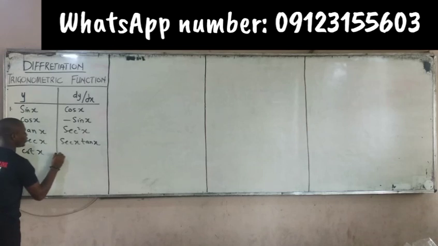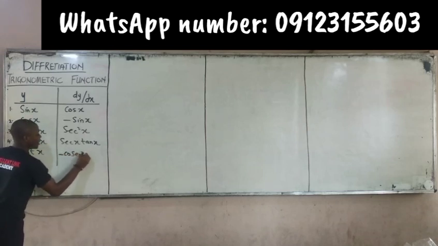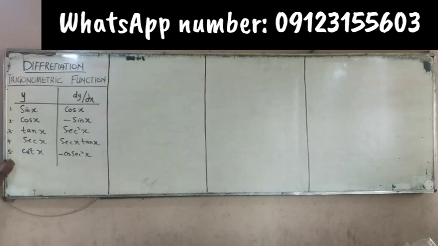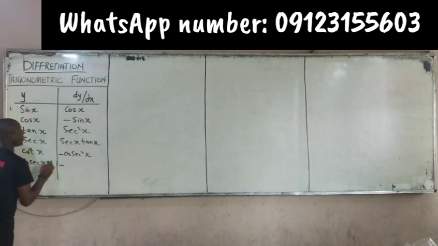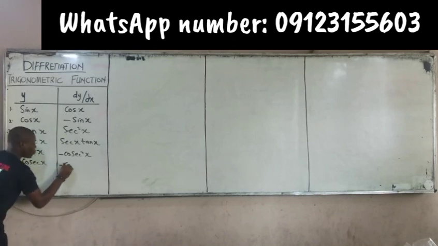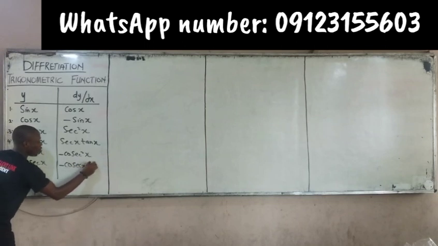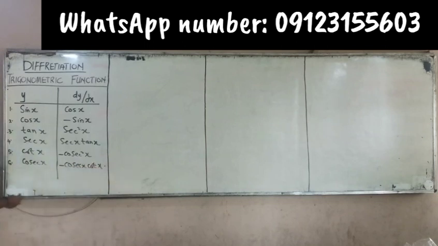The dy by dx is what? Minus cosec squared x. And number 6, finally, let's say I have that y is equal to cosec x. The dy by dx is what? Minus cosec x cot x. These are the 6 functions and their derivatives you need to know.